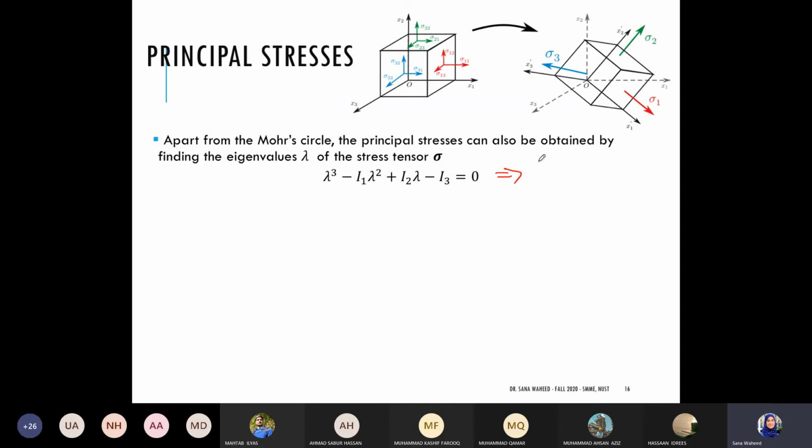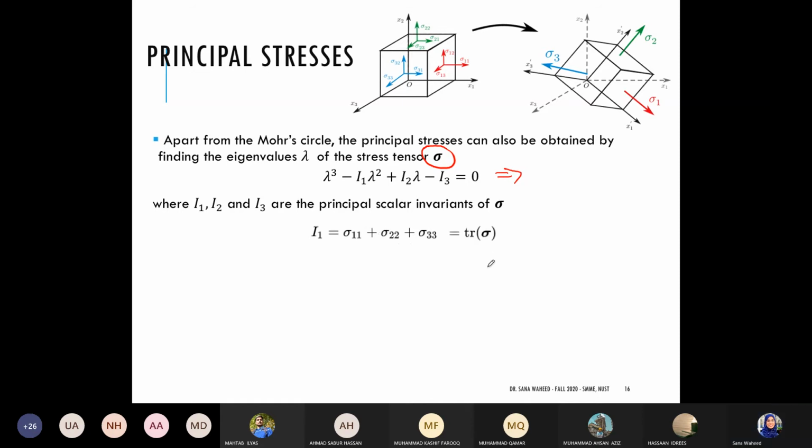So the idea is, for this we need I1, I2 and I3 for our stress tensor. And these I1, I2, I3, if you recall, are the principal scalar invariants of a particular tensor, and they have these values. This is always going to be this for any tensor. I1 is always going to be its trace.